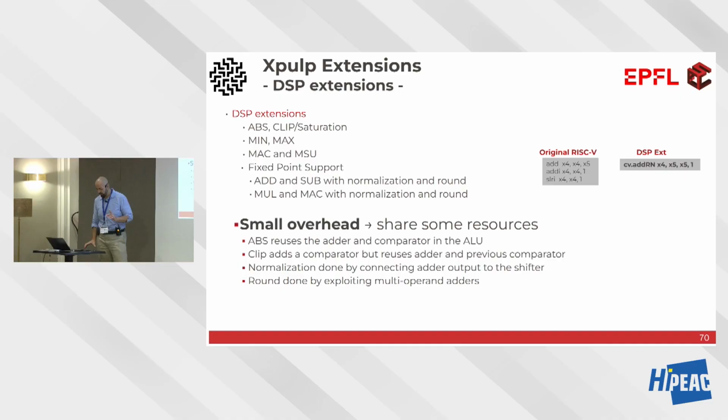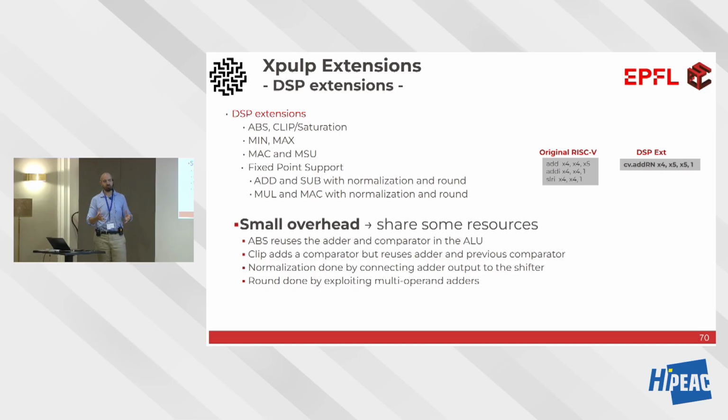Of course, when you start adding all these instructions, area starts becoming pricey. You have to be careful. So when you design this stuff, you need to know in depth what's your architecture and what's your data path, really in detail. Because you don't want to start adding adders, comparators, multipliers, like crazy, right?